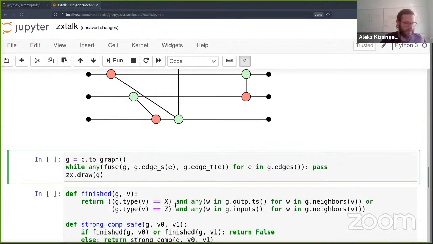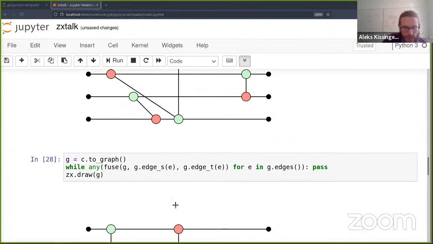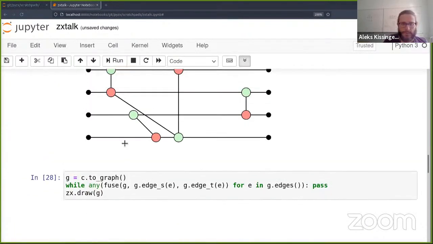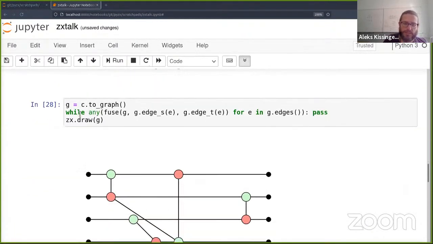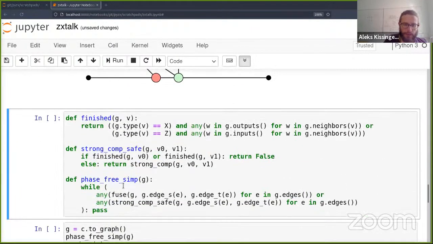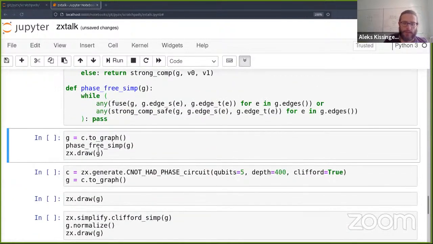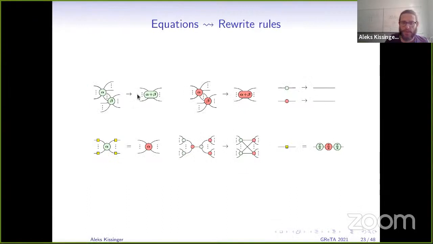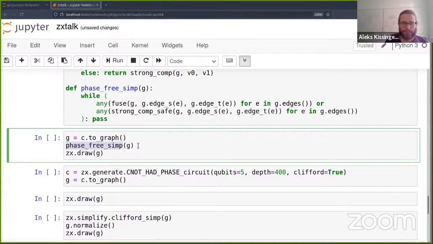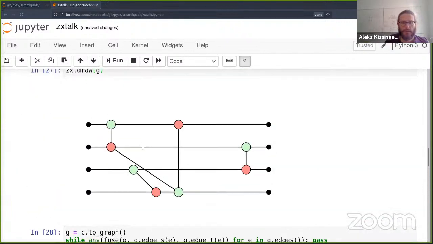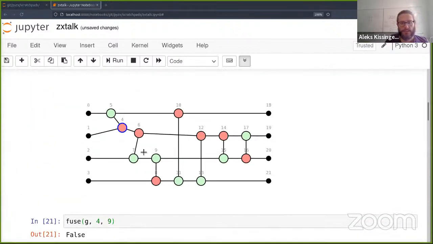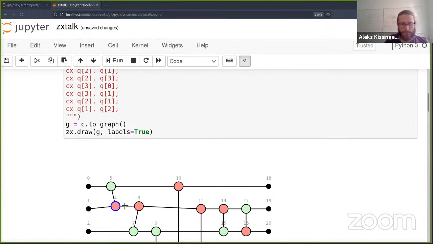So yeah, here's essentially, in a single little block, the thing I just showed. Okay, so I can do a slightly more elaborate thing, which I've called phase-free simp, which is effectively doing these rules as much as possible. So remember, I started with this C0 circuit, which looked like this.